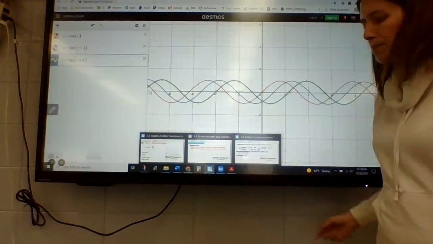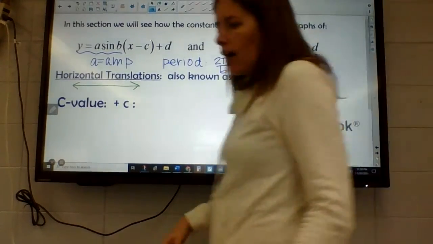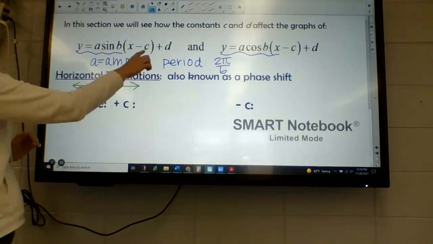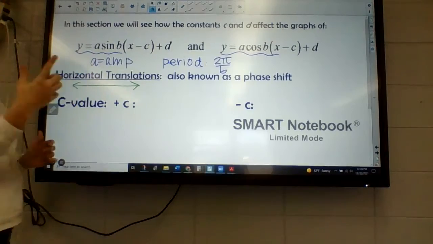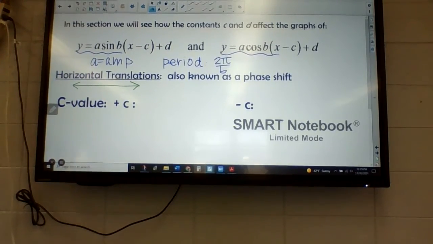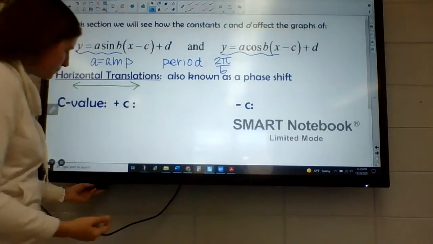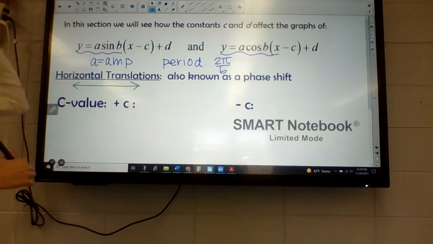Now this is a little bit confusing because the C value here is x minus C, so that looks a little confusing. Let me give a quick example.